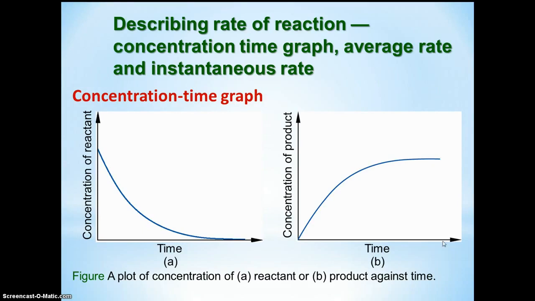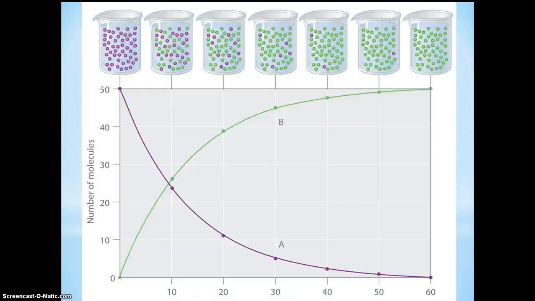When we put the two diagrams together, it will show a diagram like this. You'll notice that on this purple curve, the concentration of A, which is the reactant, is at the highest level at the beginning.